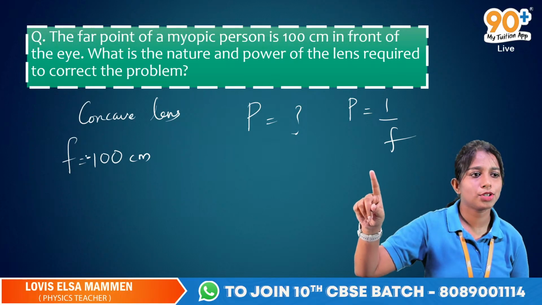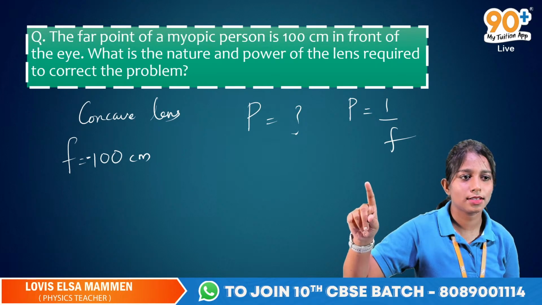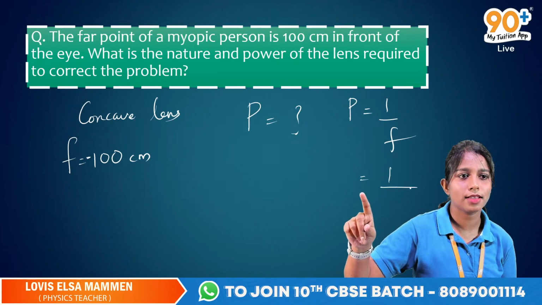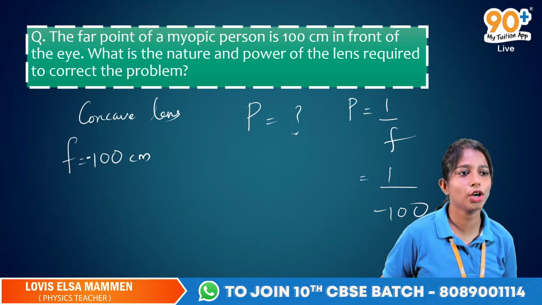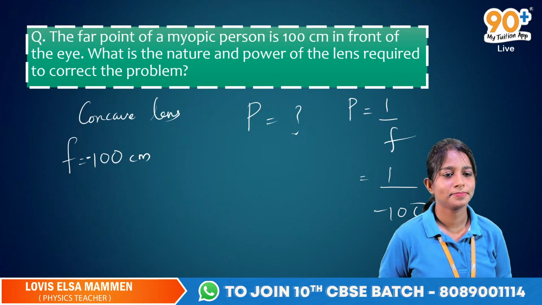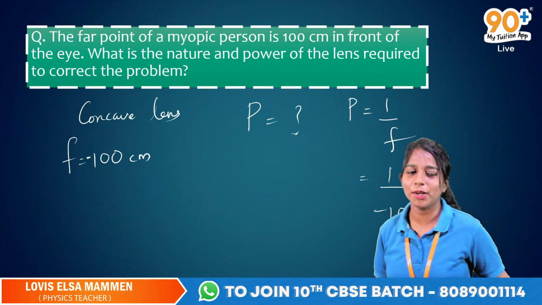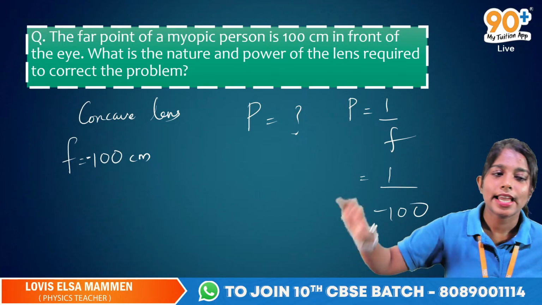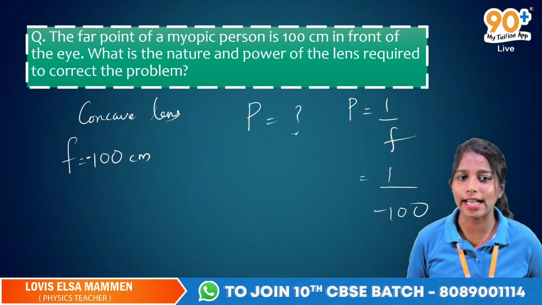Then can we directly substitute? Let me substitute 1 by -100. Yes or no? No. Why is it no? In the equation itself, power is equal to 1 by focal length.